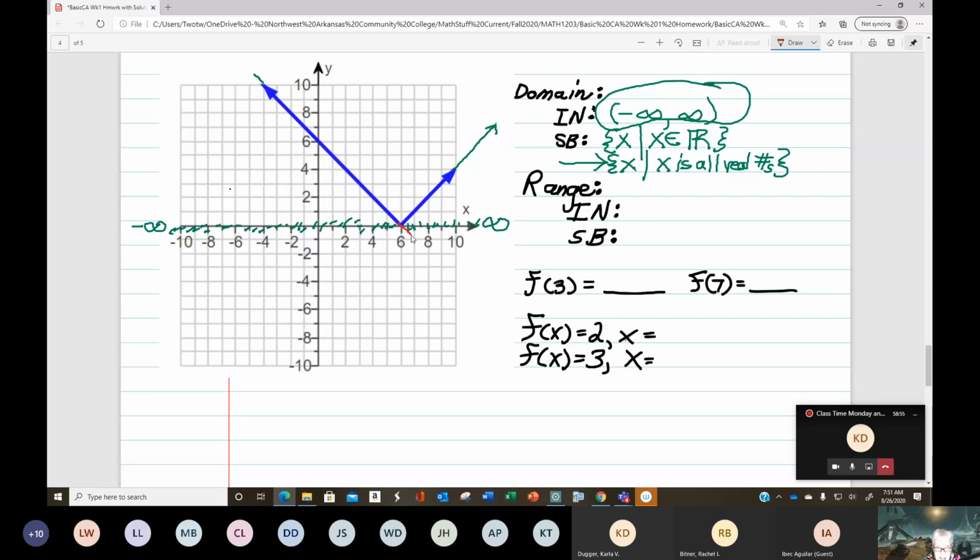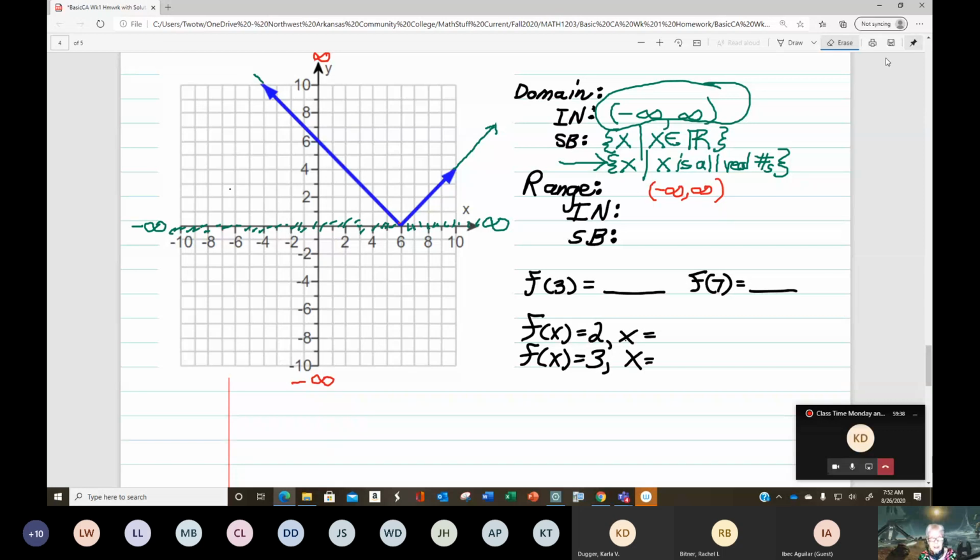If this line kept going down forever, so maybe this line were tipped down like this, then your range would be negative infinity to positive infinity, and negative infinity would be down here, and positive infinity would be up here, because this goes forever up and forever down. But it doesn't do that. So I'm going to erase this there.